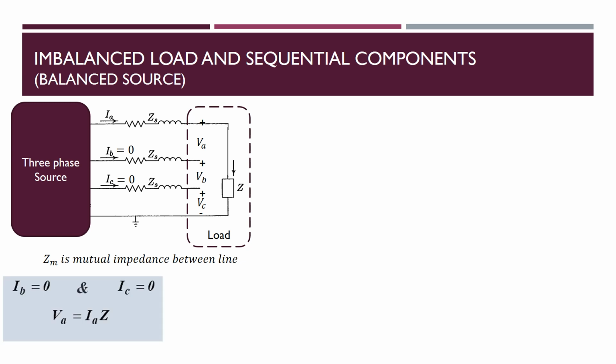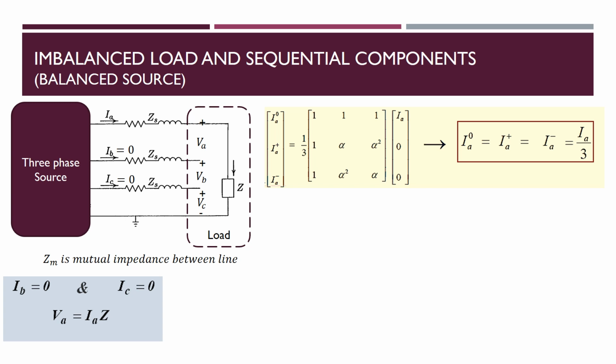Again, it's been given IB is equal to 0, IC is equal to 0, VA is equal to IA into Z. Here you can write this equation: IS is equal to A inverse matrix into the I phase vector. In the I phase vector, the IB and IC components are 0, only the IA component will be there.